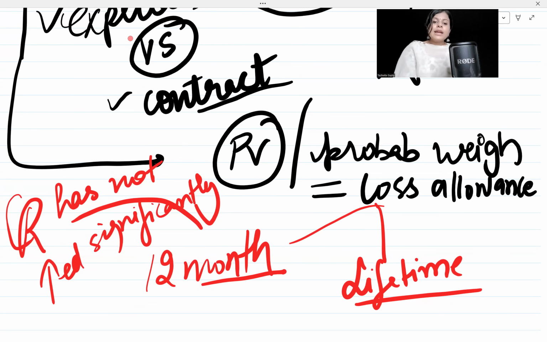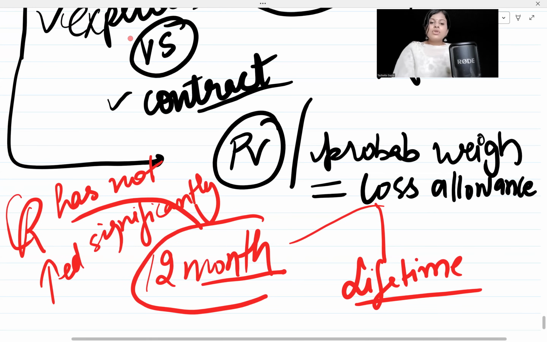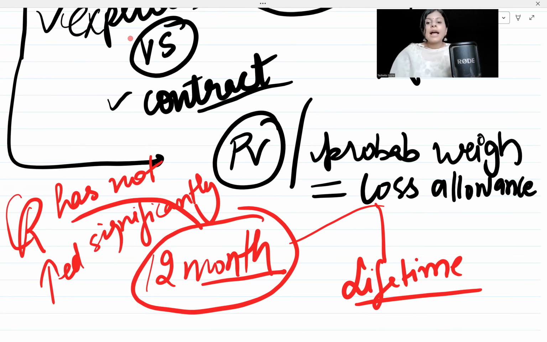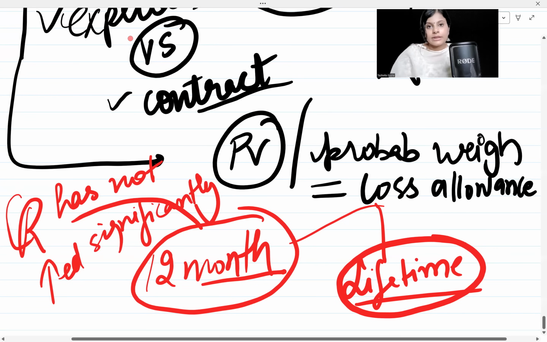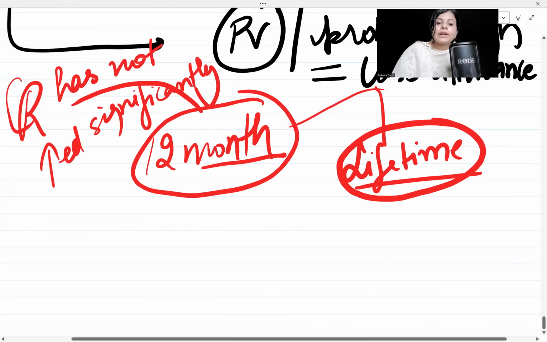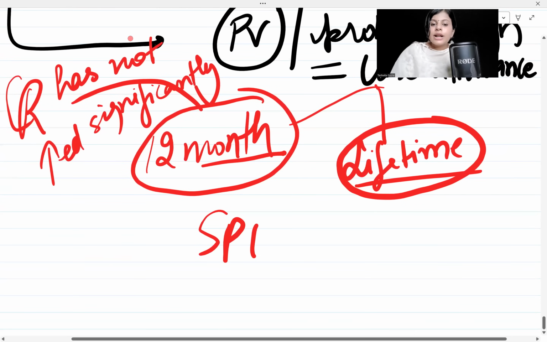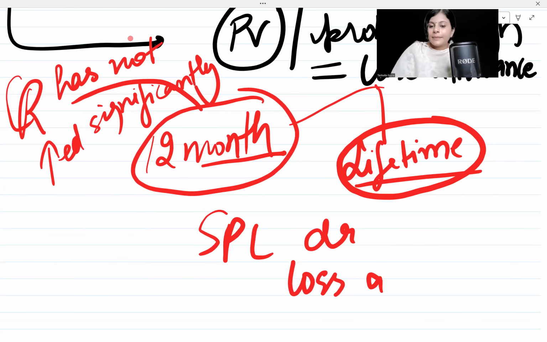So then you are going to say, if the credit risk has not increased significantly, we will create a 12-month expected loss allowance. If it has increased significantly, I'm going to create lifetime expected loss allowance. And these loss allowances, guys, are always created via P&L. So the journal entry is P&L debit, loss allowance credit.